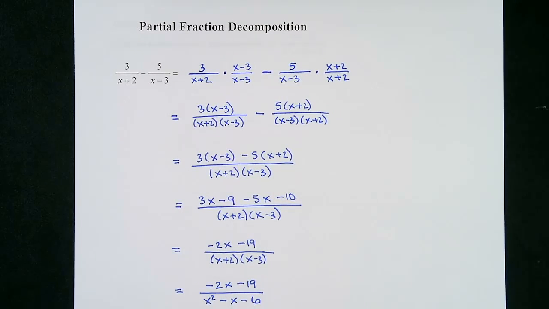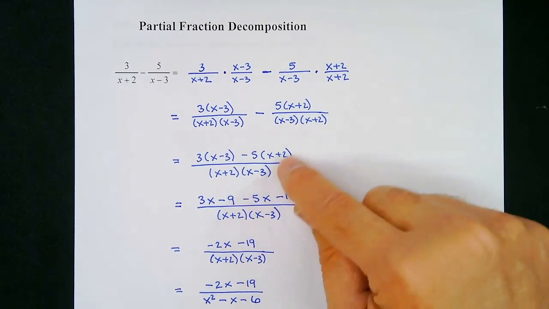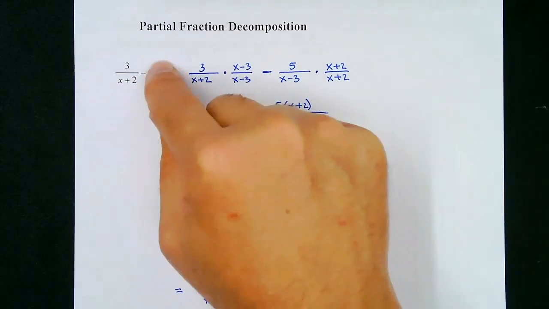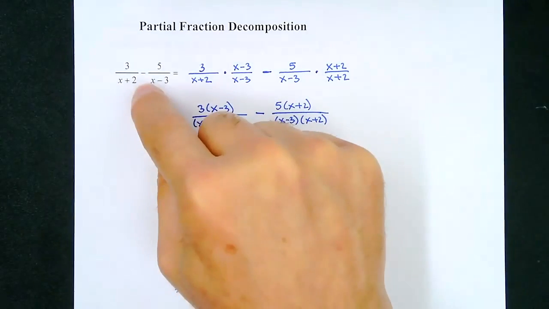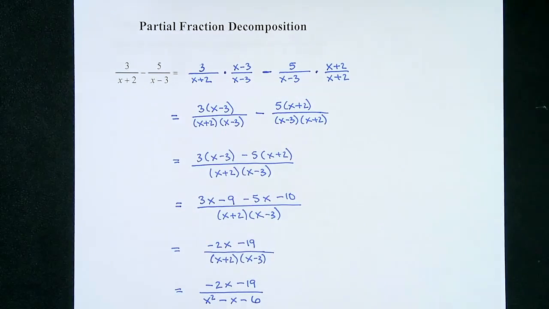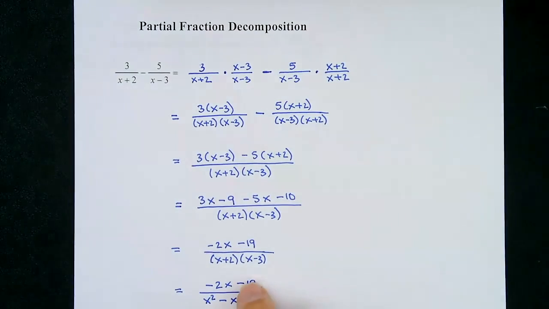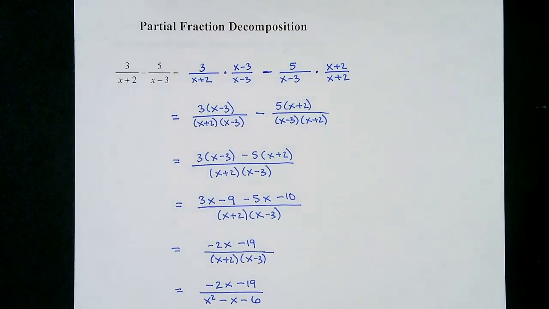That's what partial fraction decomposition is all about: starting with this and working our way backwards to get this, because it turns out that this is going to be easier to integrate than this one right here.